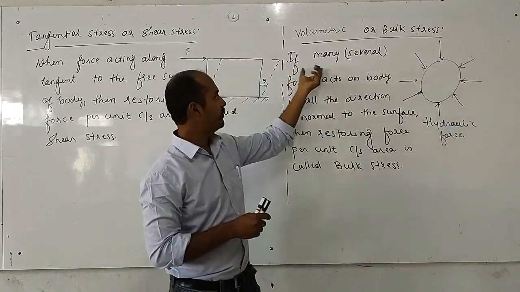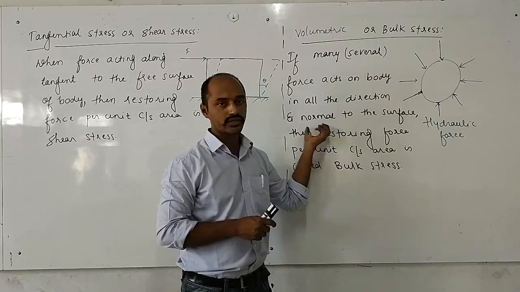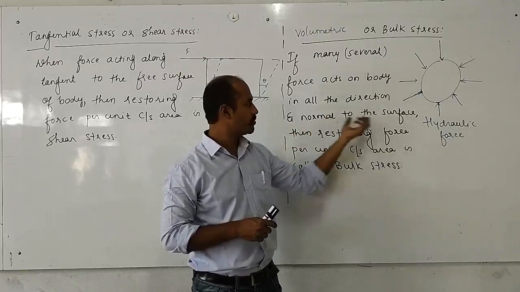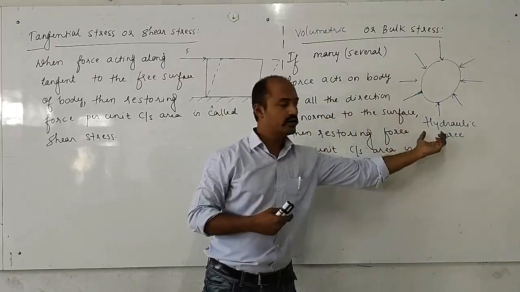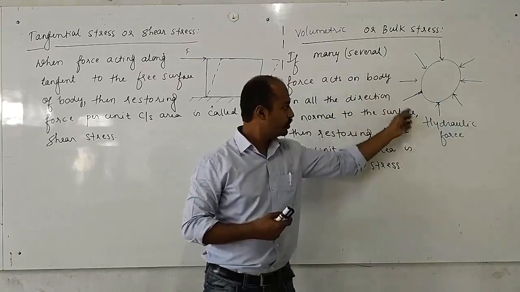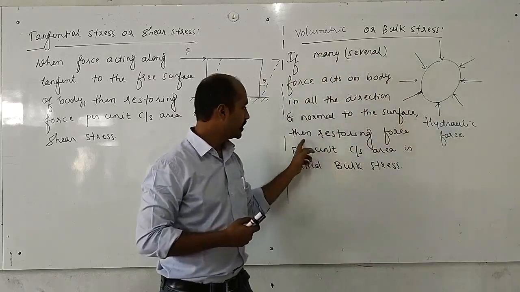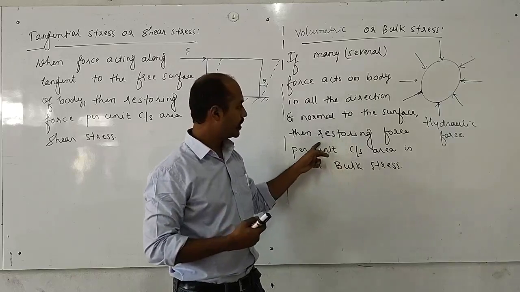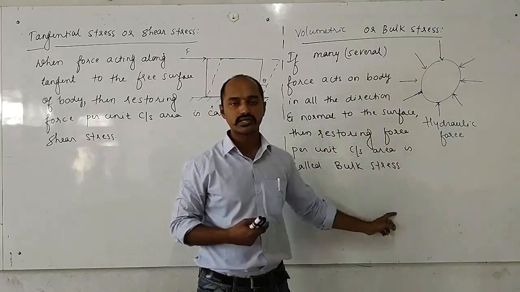If many or several forces act on a body in almost all directions, such that these forces are normal to the surface, these forces are called hydraulic force, right? Then due to this force, restoring forces are developed. Then the ratio of restoring force to cross section area gives the bulk stress, right?